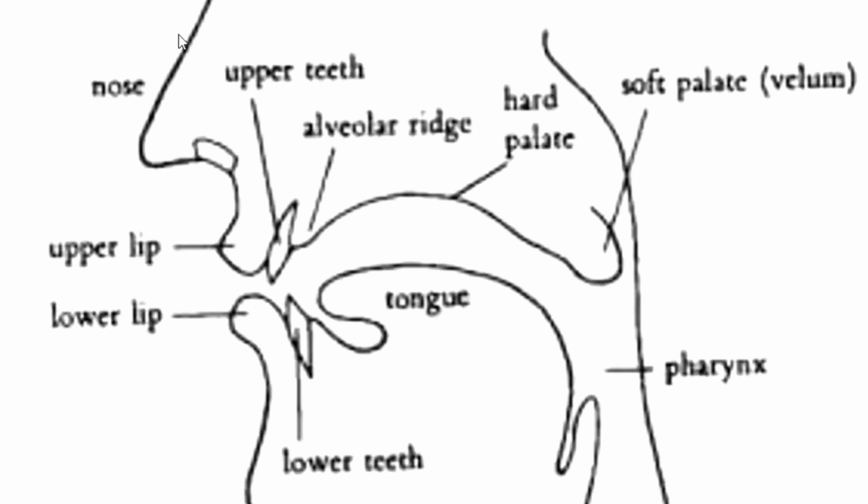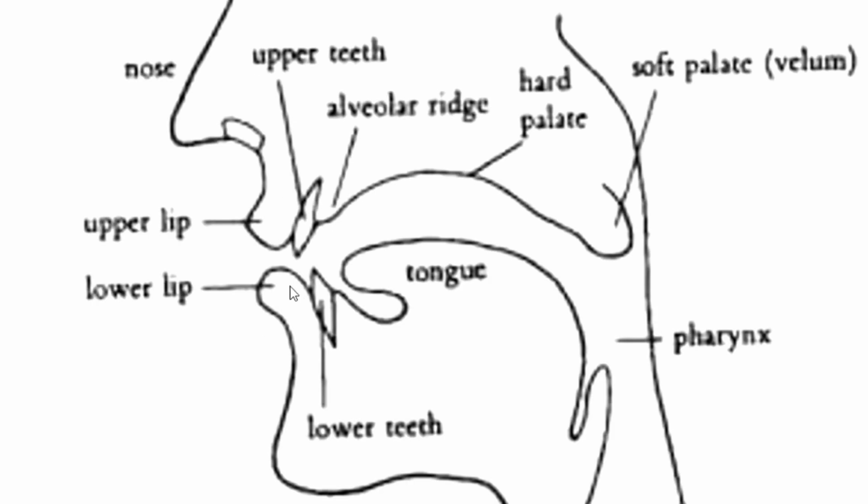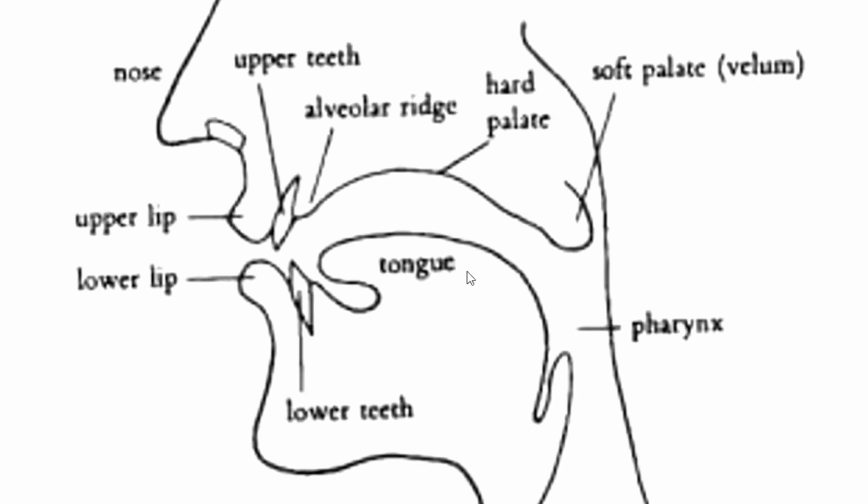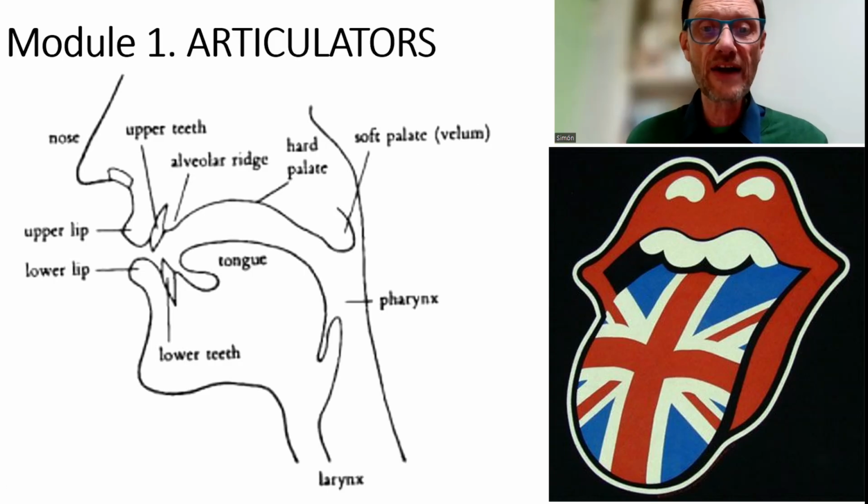Let's begin again. So we have the nose, the top, we'll go down. Then we have the upper lip, the lower lip. Then we have the lower teeth and obviously the tongue, which is very, very important for pronunciation.